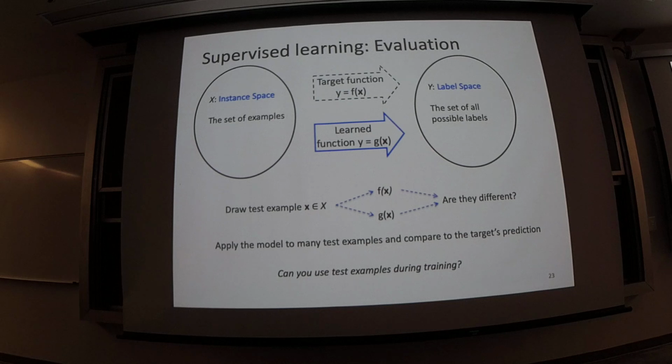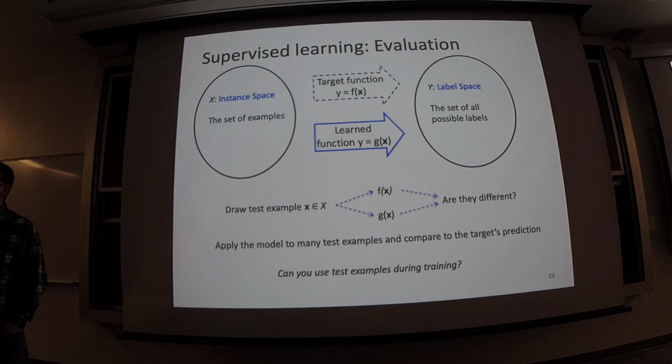No, because that's what you would verify with. You're using a training set to train your target function, and the test examples would be what you would test. Yes, you're right.